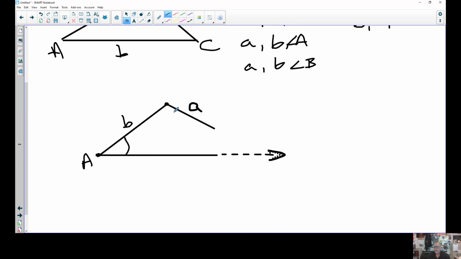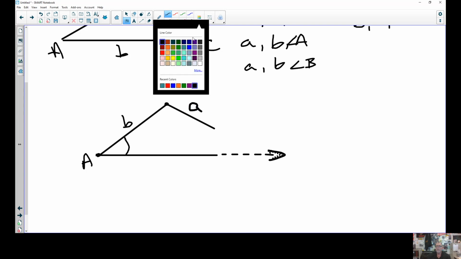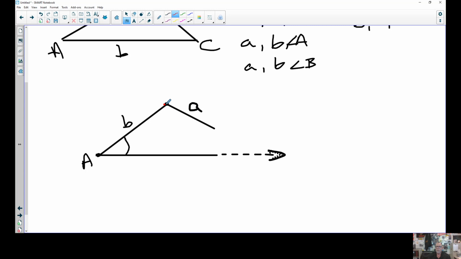There's an issue here because this length is incredibly important. If this length is what I call the perfect length, the shortest distance between this point and this line, it would come straight down this way and make a right angle with it, wouldn't it? Remember from your geometry, from any point in space to a line, the shortest distance is the perpendicular to the line, through the point.